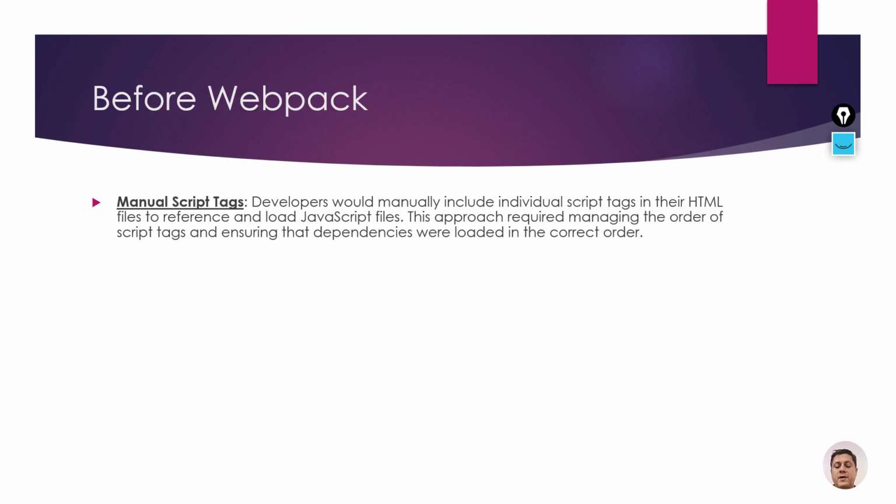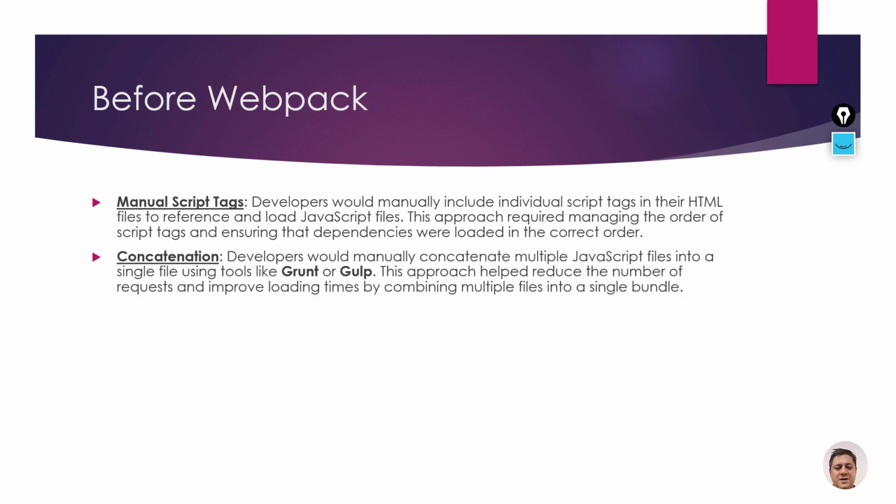So before Webpack, what we used to do is write manual script tags. Like you remember, script src index.js, and then something like that. And then let's say we have 10 files. We used to concatenate, or we used to use Grunt or Gulp so that the task runner should do something. We need to write a script to perform whatever we wanted.